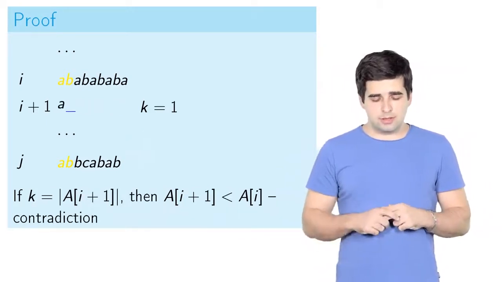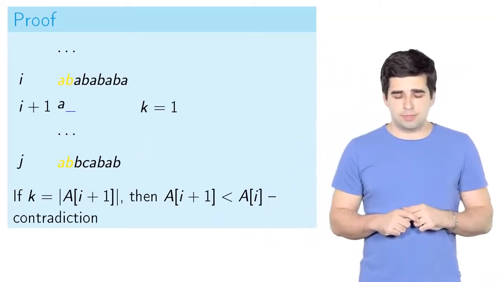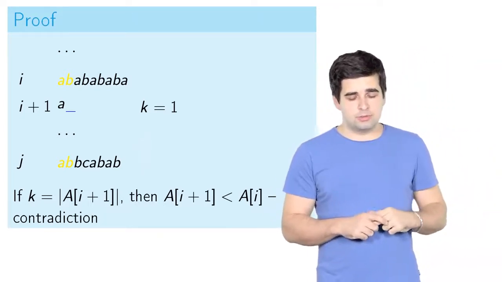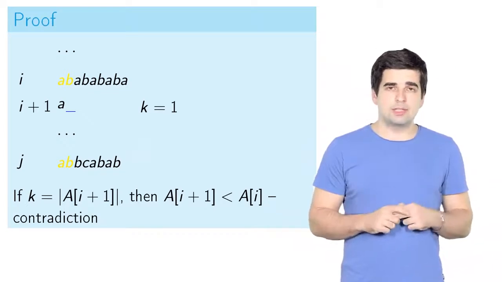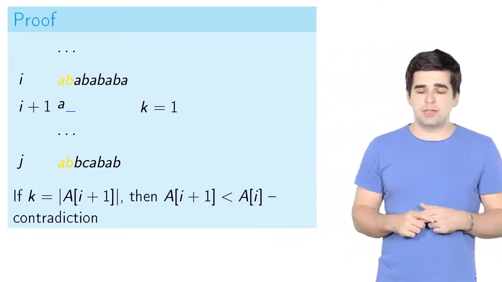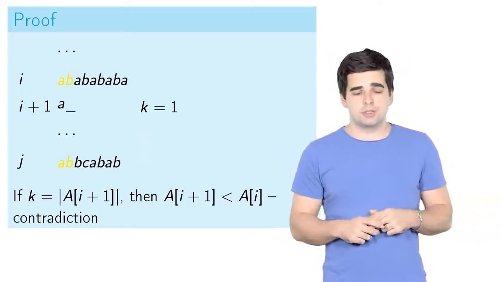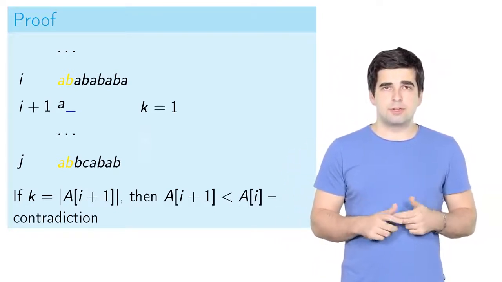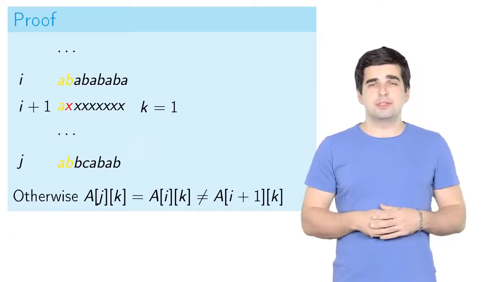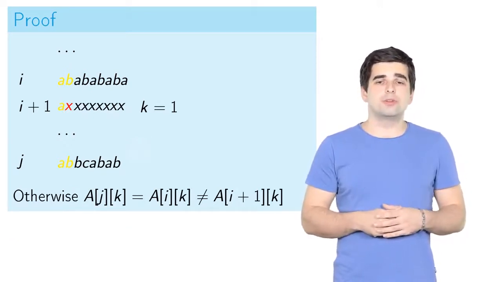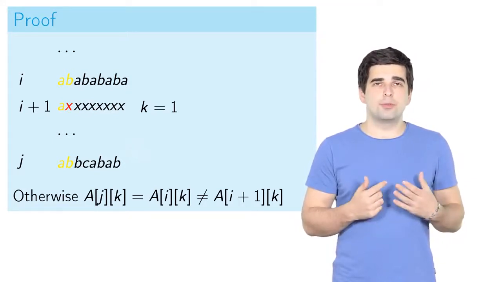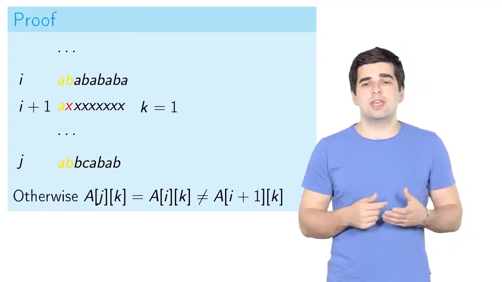One variant is if A_{i+1} is shorter than 2, and then A_{i+1} is actually a prefix of A_i, but in this case A_{i+1} is smaller than A_i, which contradicts the property of the suffix array that the suffixes are sorted. And if suffix i+1 is sufficiently long, then it follows that its kth character is different from the kth character of both the ith suffix and the jth suffix.